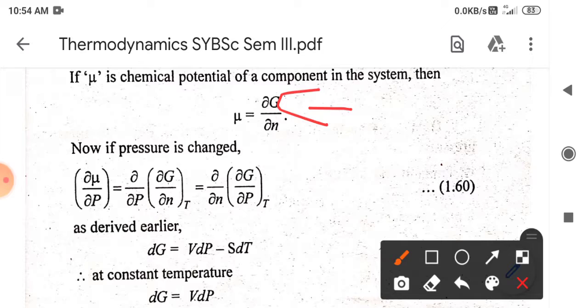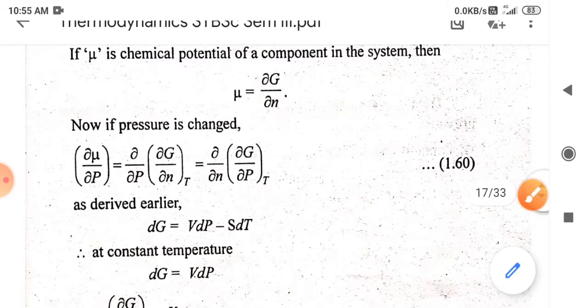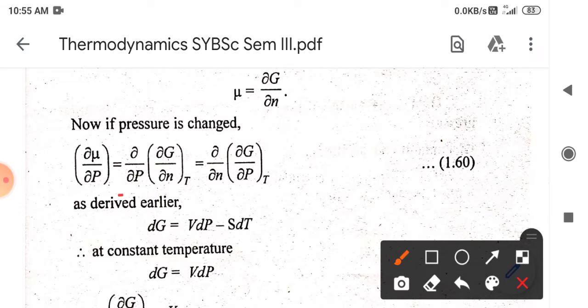Simply differentiate the above equation with respect to P. So d mu upon dP is equal to the partial derivative with respect to P of partial G upon partial n at constant temperature. By using Euler's identity, we can rearrange that equation as partial by partial n of partial G upon partial P.